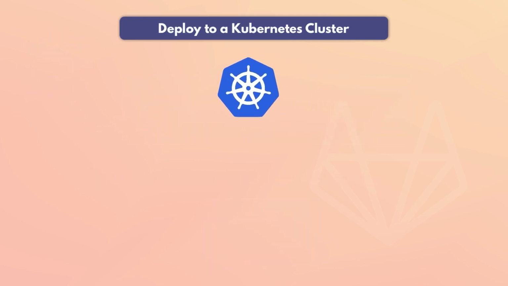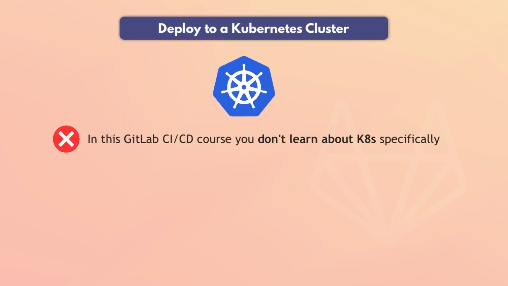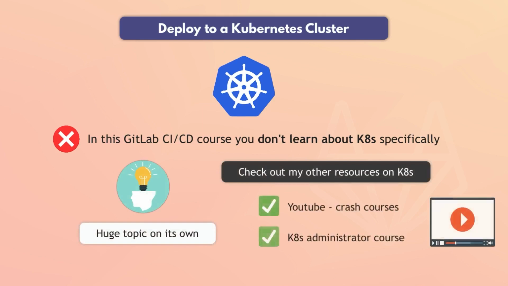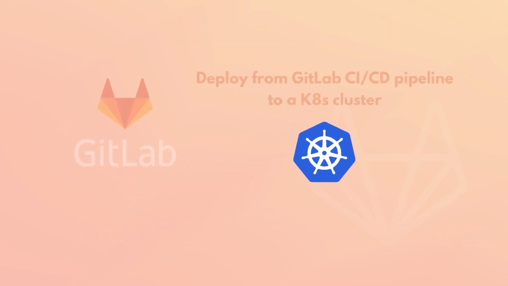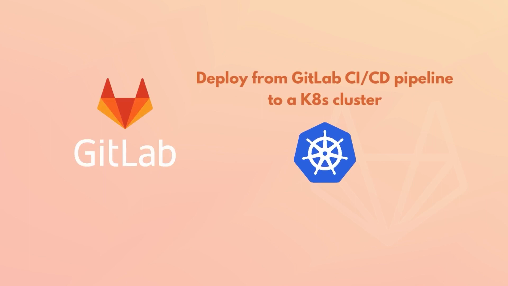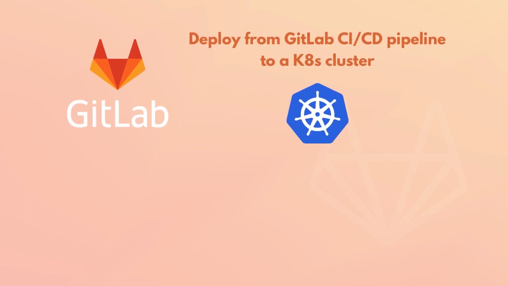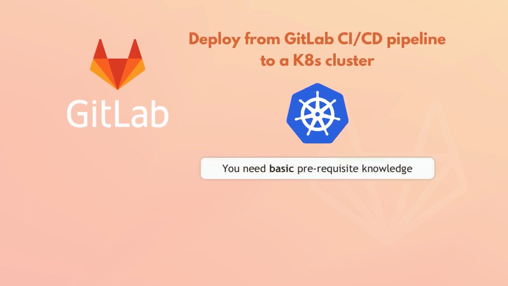Now, we're not going to go into details of Kubernetes and how Kubernetes works because that's outside the scope of this course. I have separate videos and separate courses about Kubernetes because it's its own huge topic. What we will focus on is how to deploy from GitLab CI/CD pipeline to an already running Kubernetes cluster. But I have to mention here that you do need some basic prerequisite knowledge of Kubernetes in order to be able to follow this.